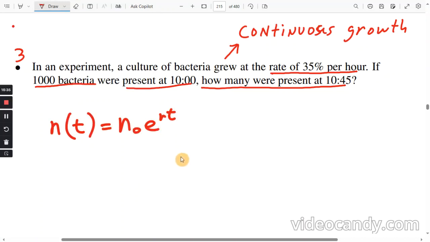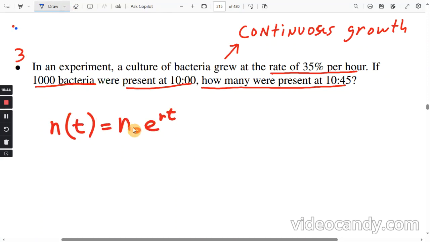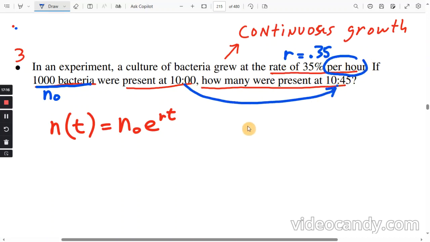Now we have a little issue here because I'm thinking the units do not match. So let's see what we can do to solve that one. The starting point at time 0, that's N of 0, is 1,000. The rate is 35%, so R is going to equal 0.35. The rate is per hour, so we have to determine how many hours it is from 10 o'clock to 10:45.